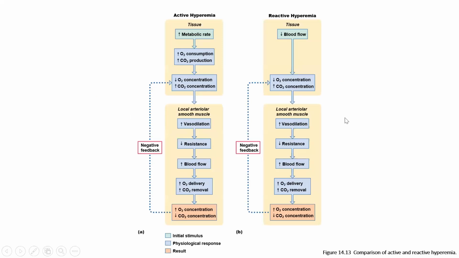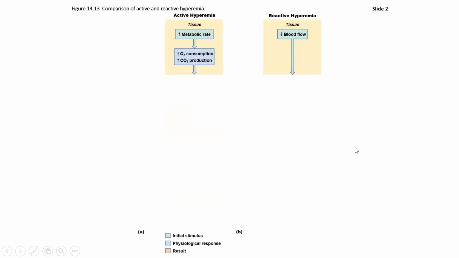All right, let's look at this flow chart here. So basically, let's walk through the difference between these two intrinsic mechanisms of control. So basically, we start off differently, right? Remember I said that the cause of these two mechanisms is where the difference lies. So we see that in active hyperemia, tissues are requiring more oxygen.